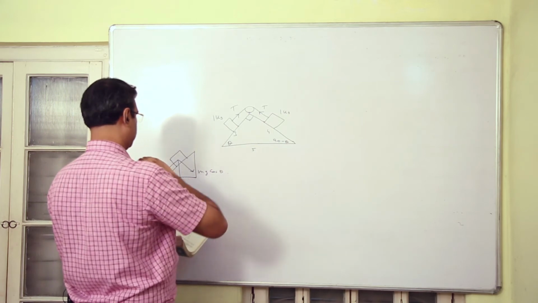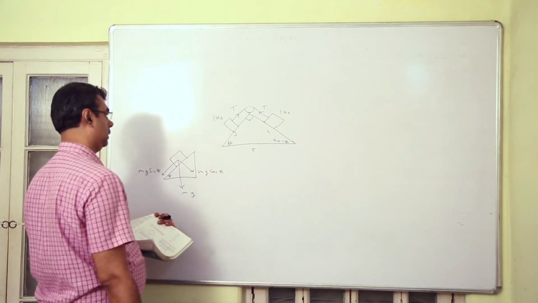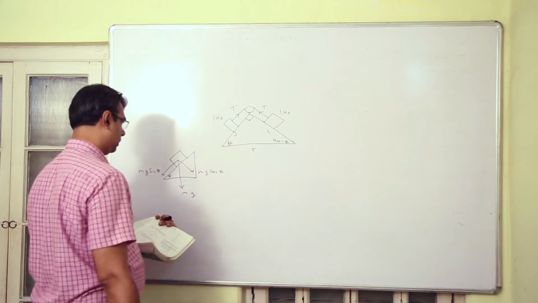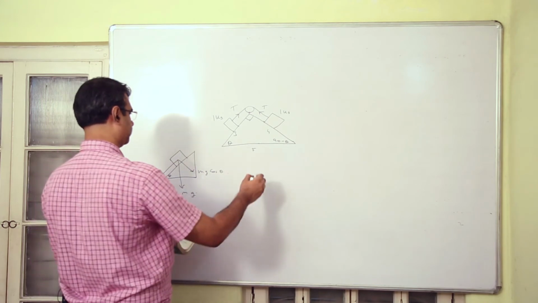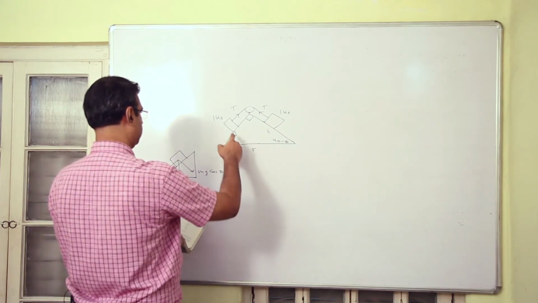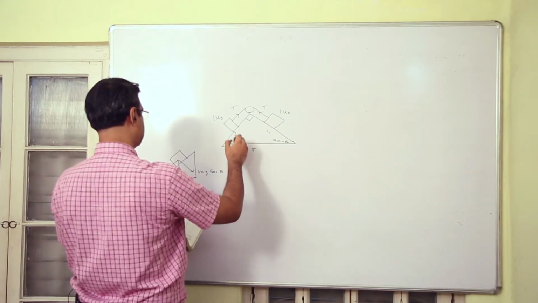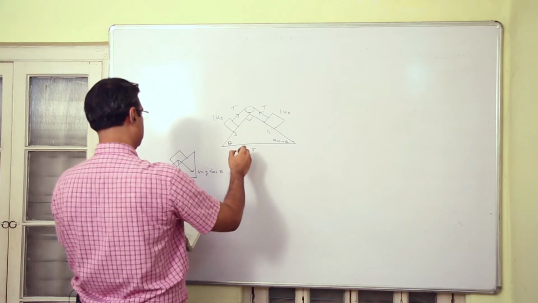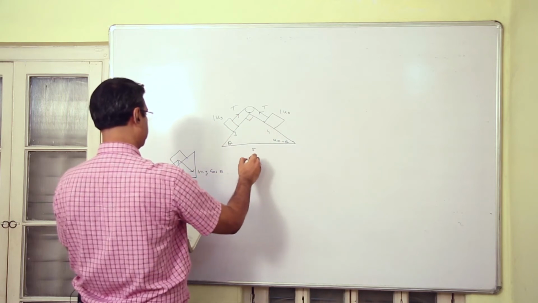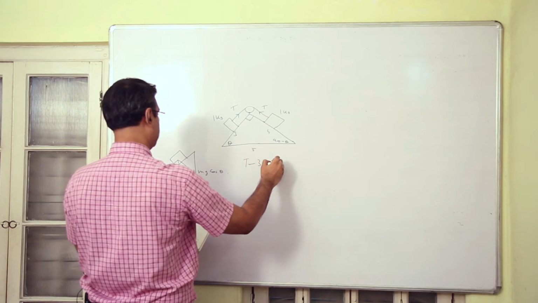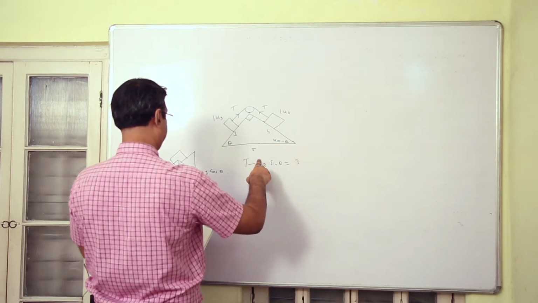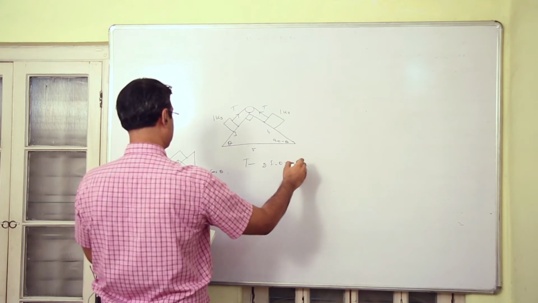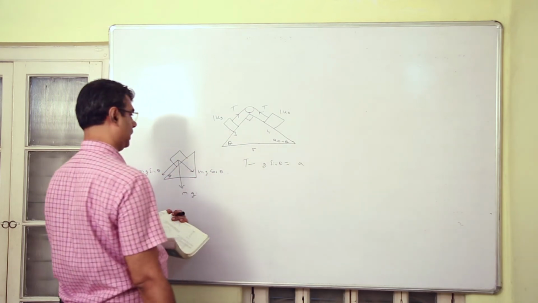Now when you are talking about the motion of either of these two blocks, you have to see that for this block, let us say that it is going up, so T minus mg sin theta is equal to mass into acceleration.